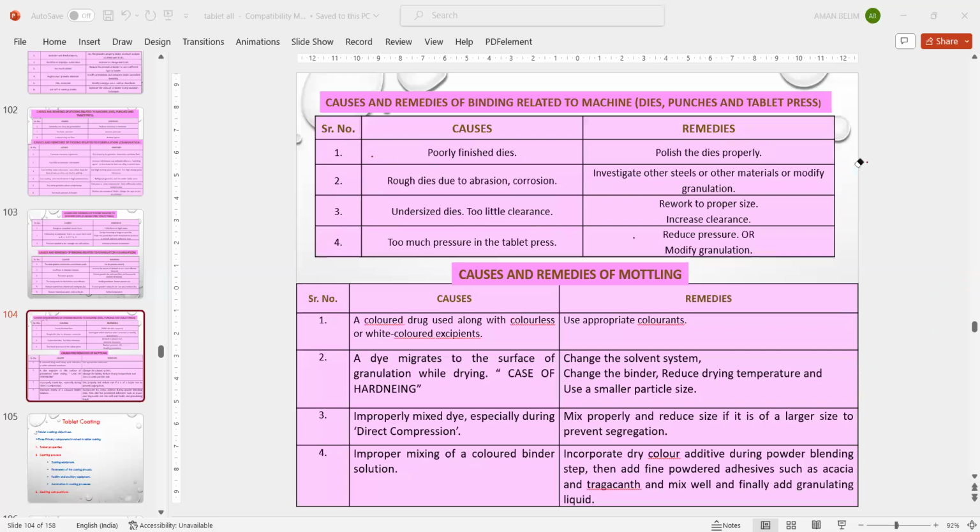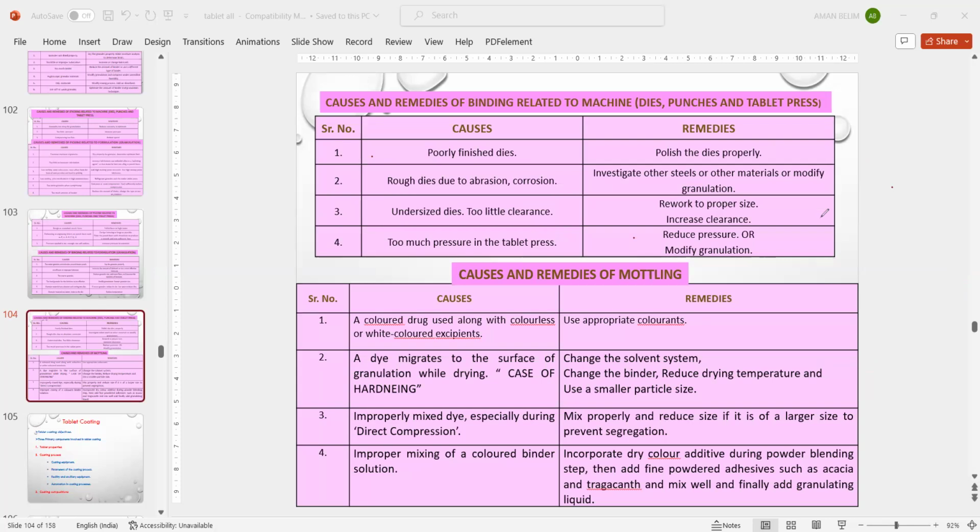Then we have talked about bridging and rat holing. What is bridging and what is rat holing, and what is the reason behind them?